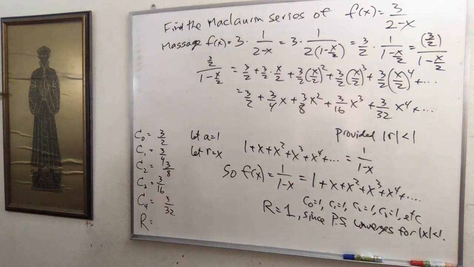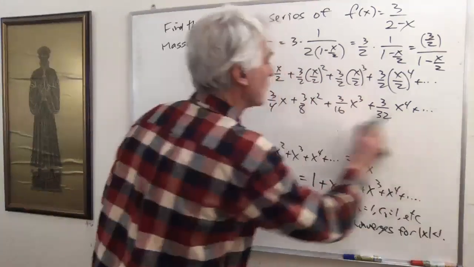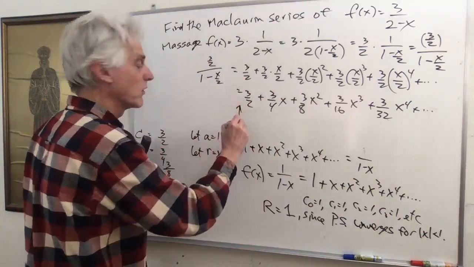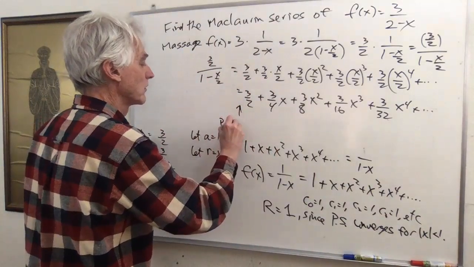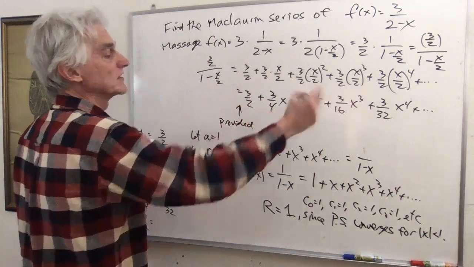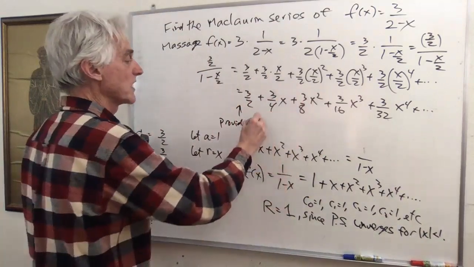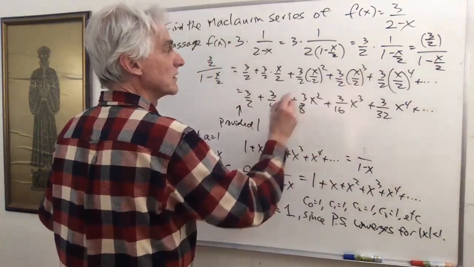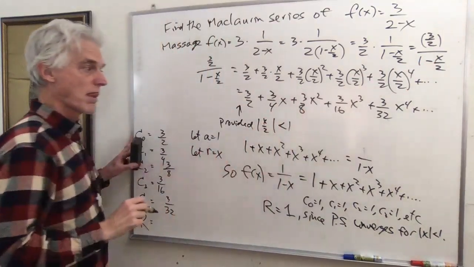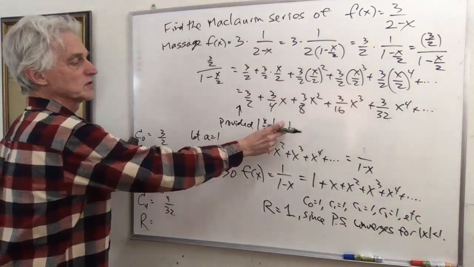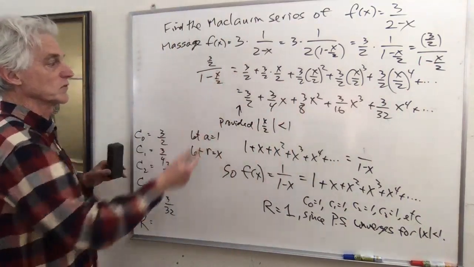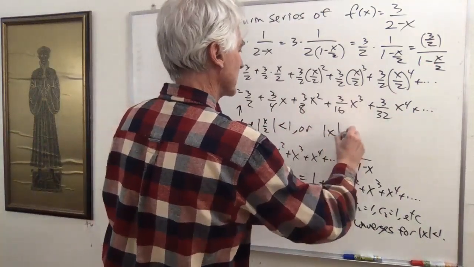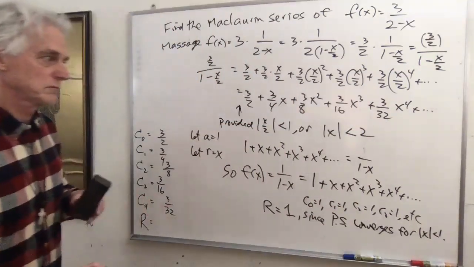Okay, and what is the radius of convergence? Well, this equality holds provided the absolute value of r is less than 1. And what is the r here? It's x over 2. So if the absolute value of x over 2 is less than 1, the series converges. Or we can write this as absolute value of x is less than 2, right?